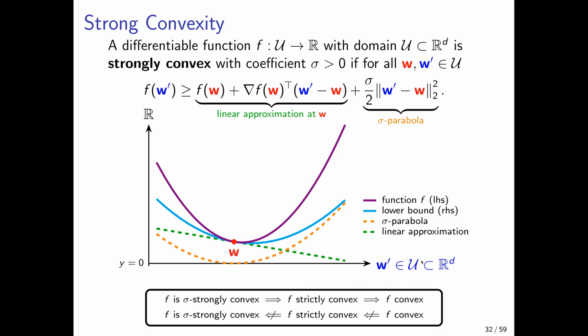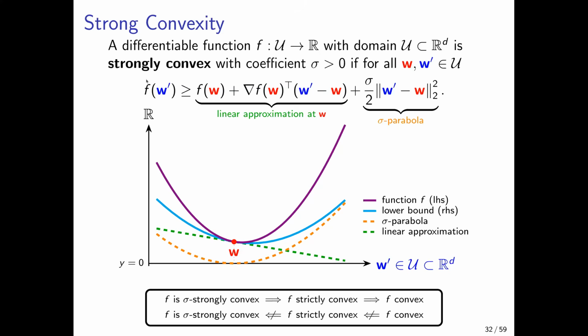So going beyond convexity, there is also a stronger version of convexity. And this is what we are going to define next. We call some differentiable function strongly convex with coefficient sigma if this condition here holds for any pair of points w, w prime. So what does this mean?